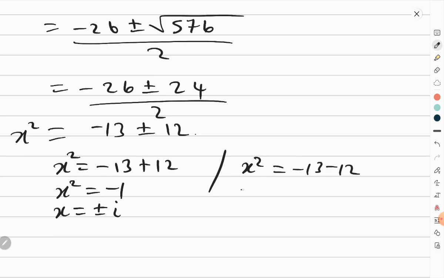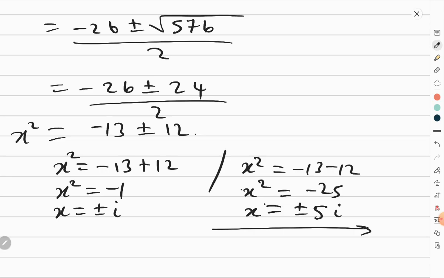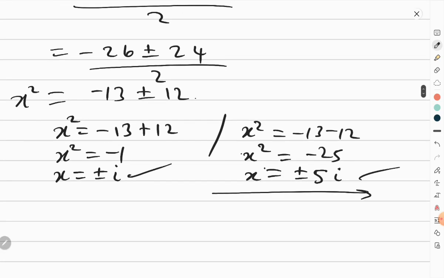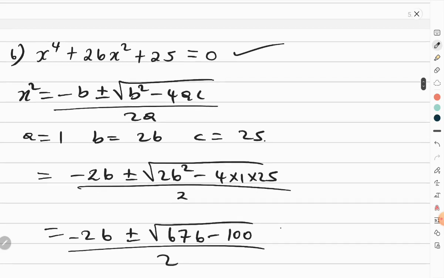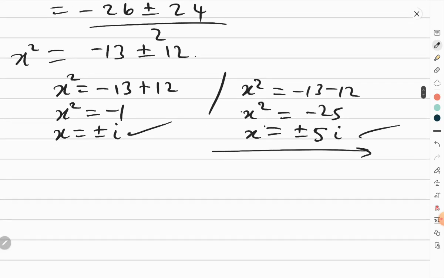On this one, negative 13 minus 12 is negative 25, so x is going to be plus or minus 5i. These are the solutions for this equation.